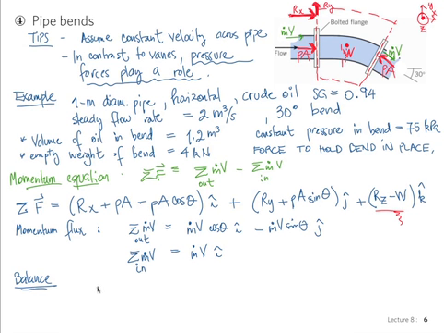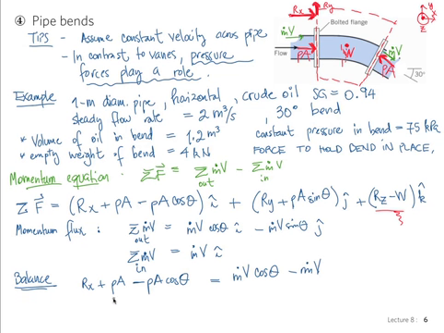We have, say, the x direction. We have Rx plus PA minus PA cosine theta. That's the forces in the x direction. And that has to be equal to momentum out minus momentum in. So m dot v cosine theta minus m dot v.